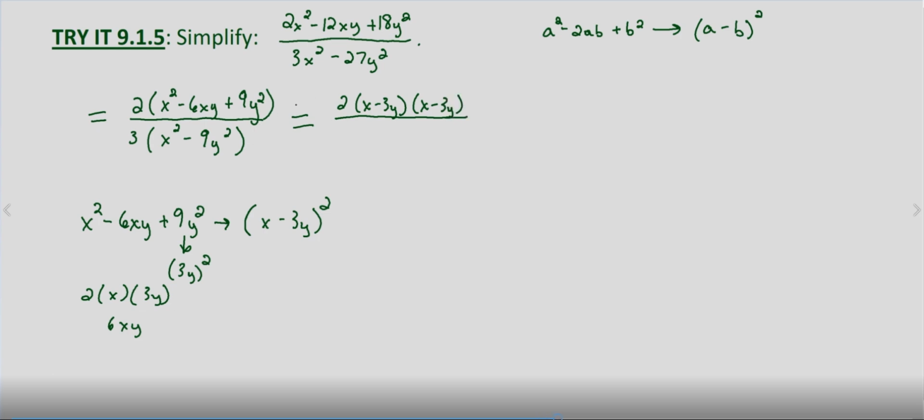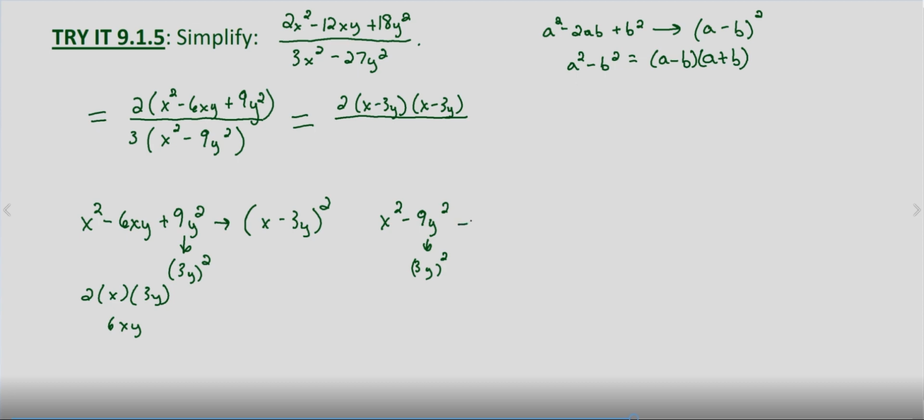Now if we look at our denominator, what's in parentheses, we have x squared minus 9y squared. Well, that's a perfect square. It's just x squared. This, again, is a perfect square. It's 3y quantity squared. And if you remember, when we have a difference of squares, a squared minus b squared equals a minus b times a plus b.